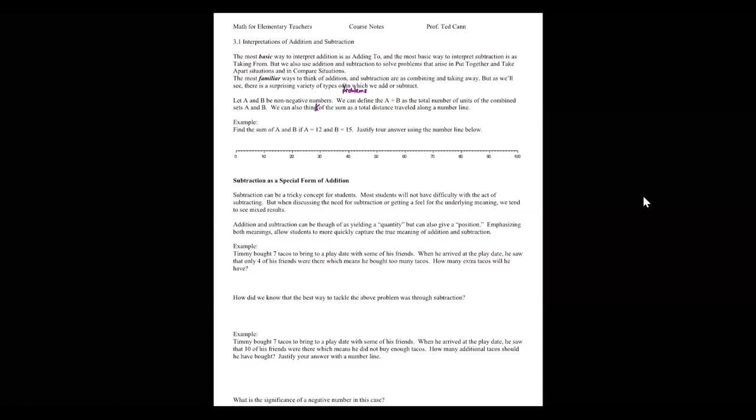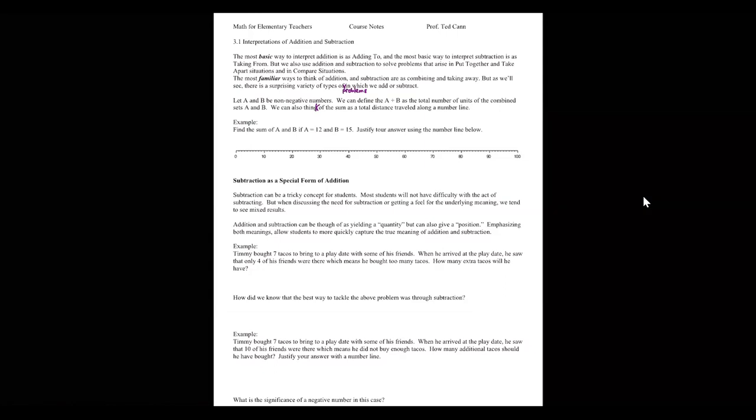So when I find the sum of A and B, if A is 12 and B is 15, I want to make use of that number line. That's not too bad.